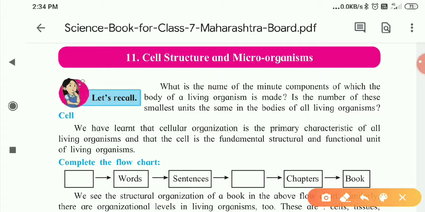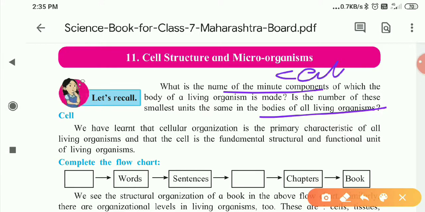And the others are multicellular organisms. Inside it are all living things: plants, different animals, monkey, lion, tiger, including we human beings. All are multicellular organisms. So the minute component of the body is the cell.